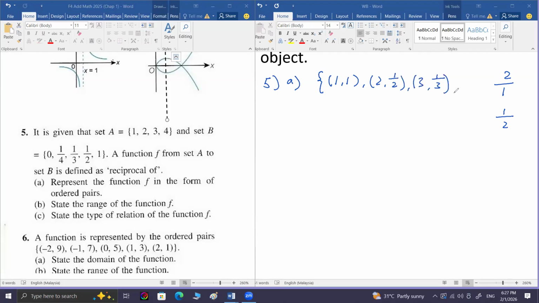Yeah, 1 over 3. And 4, 1 over 4. Okay, can you understand the meaning of reciprocal already? Okay, class, write this first, write down the A first, then I explain to you the rest. Write 5A. So you must understand the relation given, reciprocal, maybe the square, square root, and so on, yeah?